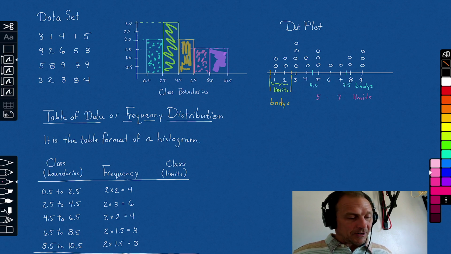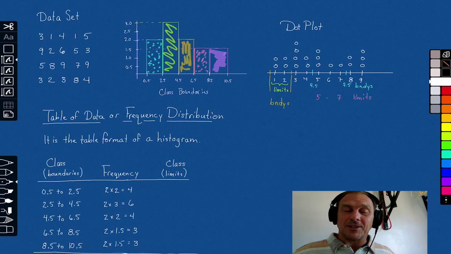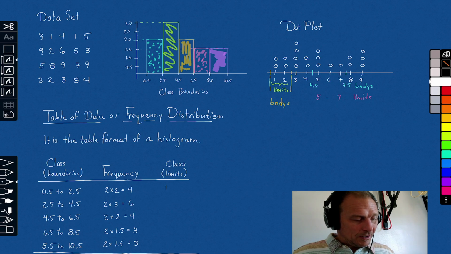So if we look at our first class, this is why we just say it generally, and then the reader just needs to look at context to decide whether they're boundaries or limits. Our first class then is 1 to 2. Our second class is 3 to 4.